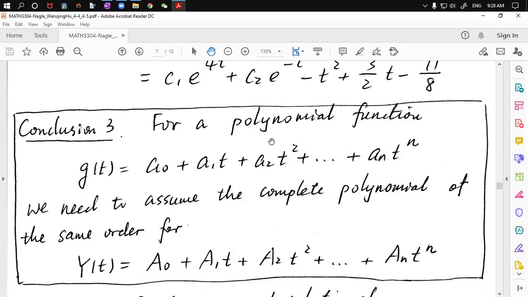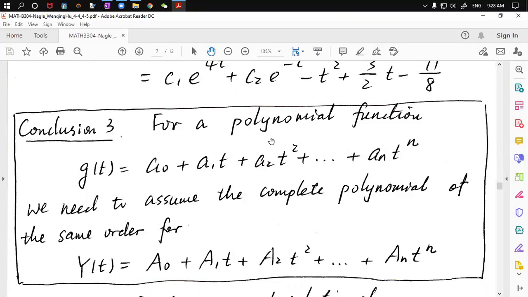Okay, and then we tried the sine and cosine, right? So trigonometric functions, and unlike exponential functions, trigonometric functions always appear in pairs. That means if you have sine or cosine or maybe both, then you should always try both, right? You are never going to miss either one of them in this pair.